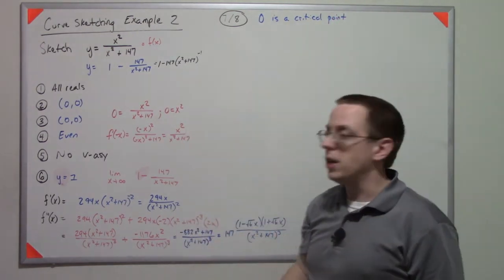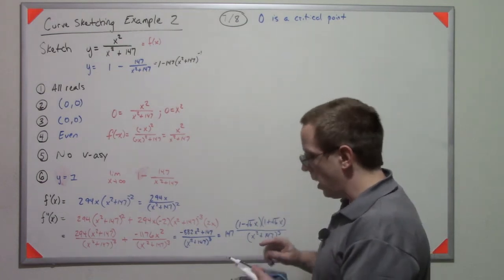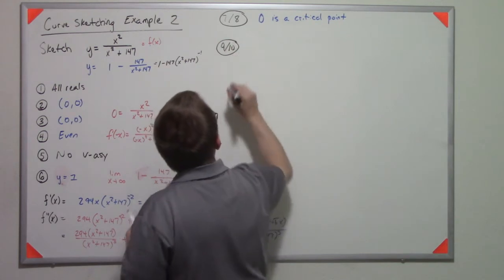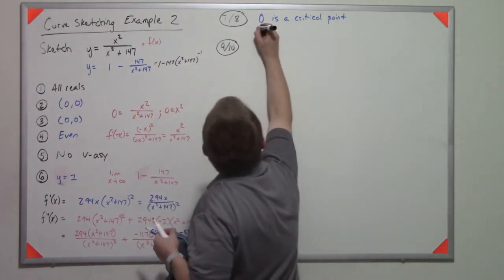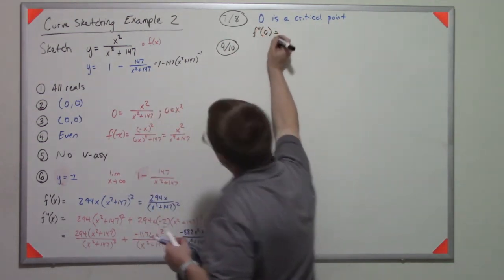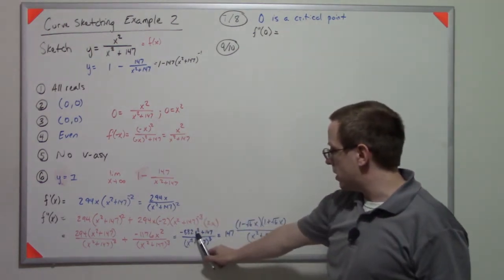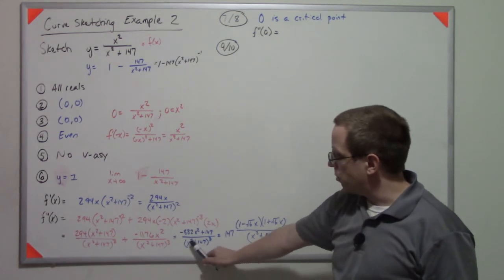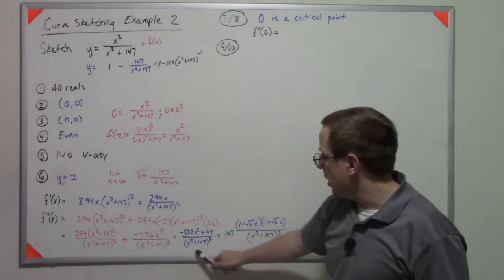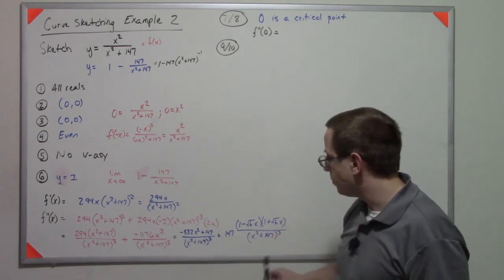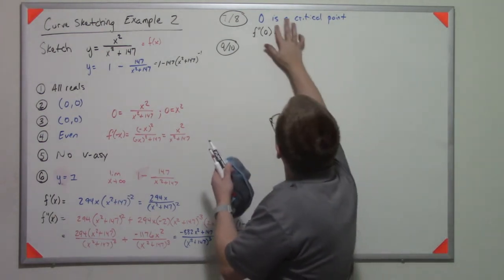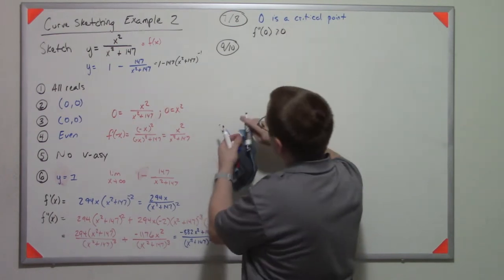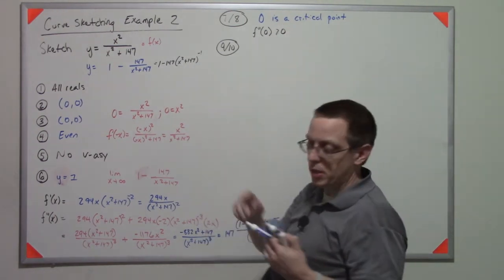Now we can do the second derivative test. So if we do f double prime at 0, if we plug in 0 to this thing, we get 0, 147 over some positive number. So ultimately, this thing is positive. So since that's positive, it tells me it's a minimum.